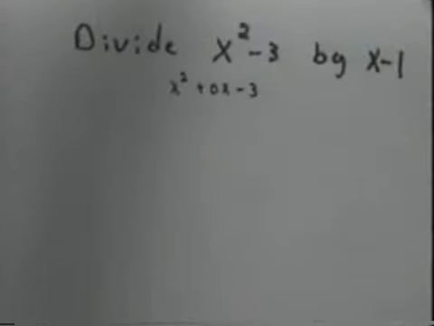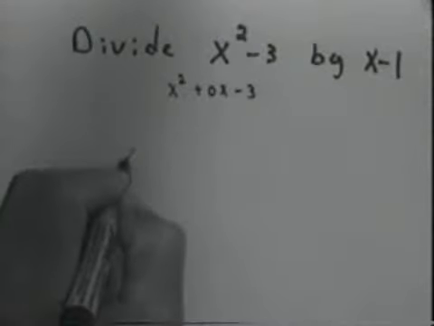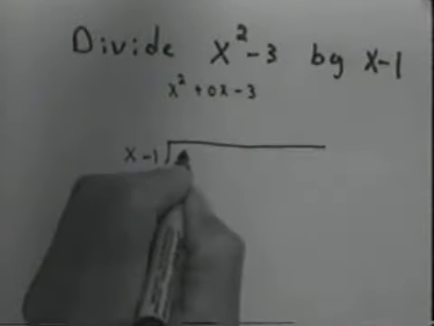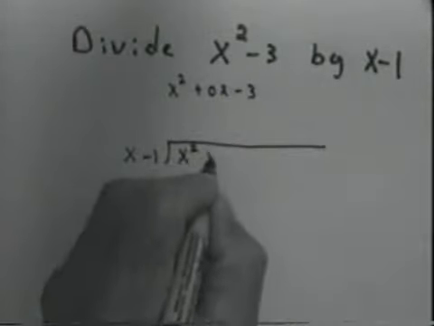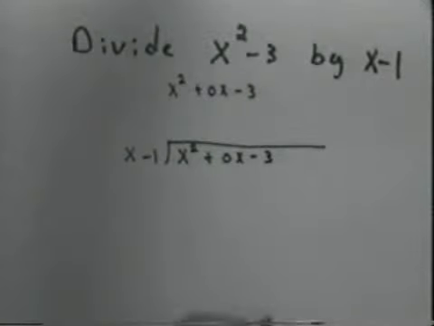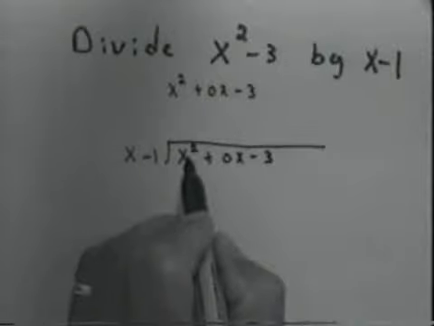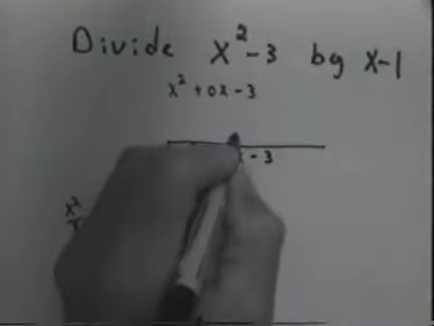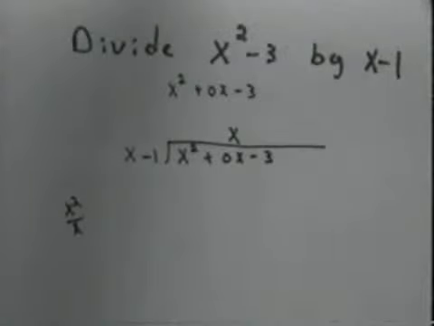So now I can write my problem as x minus 1 into x squared plus 0x minus 3. I divide the first into the first. X squared divided by x, which would be x. Subtract the exponents: keep the base, subtract the exponents.